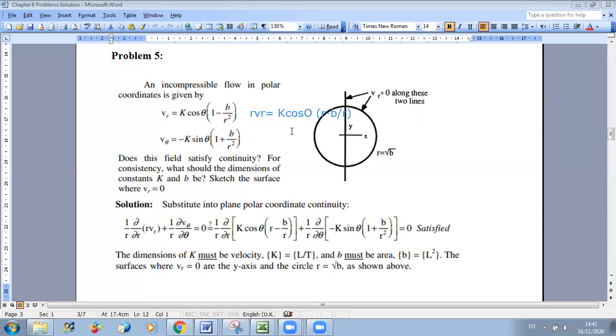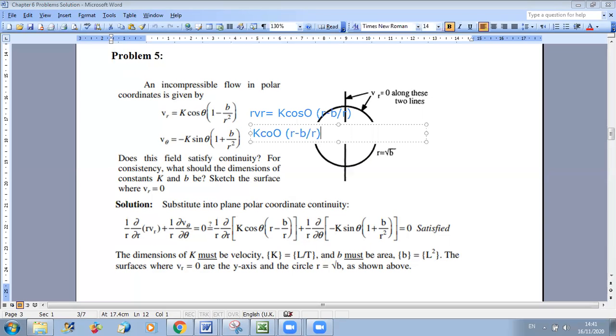If you derive this term with respect to R, what do you get? You have K cosine theta R. This is your function. K cosine theta R minus, times, if you want, K cosine theta times R minus B over R.